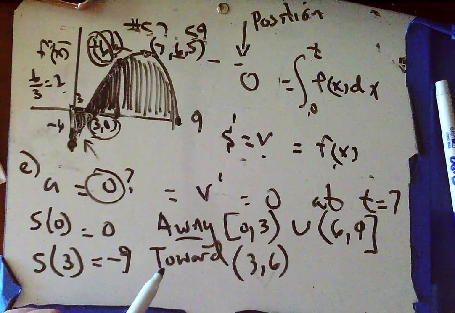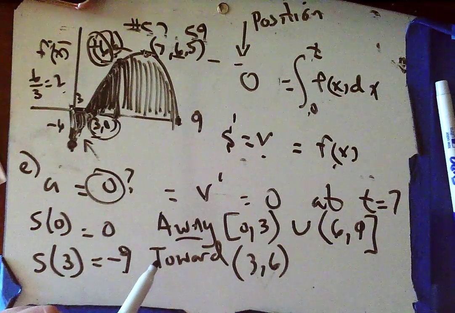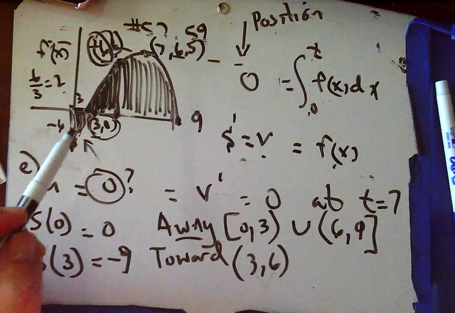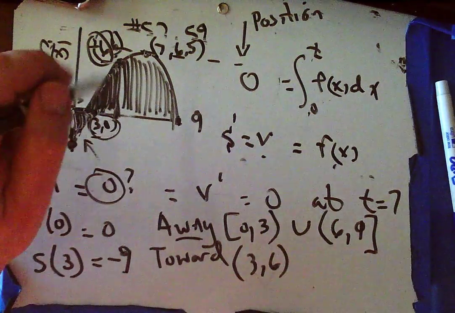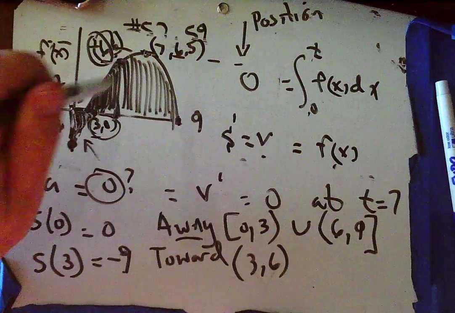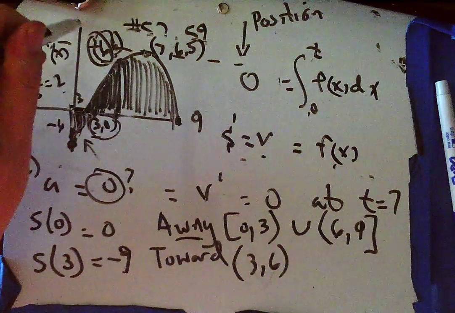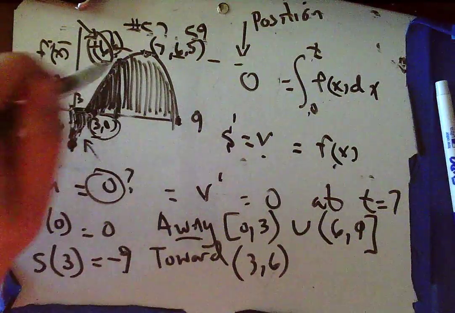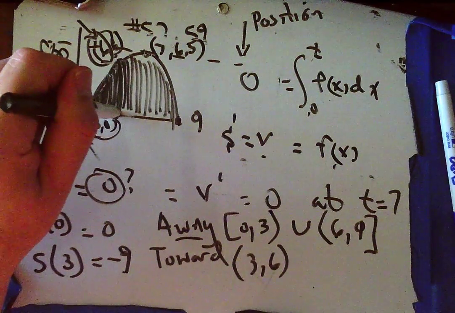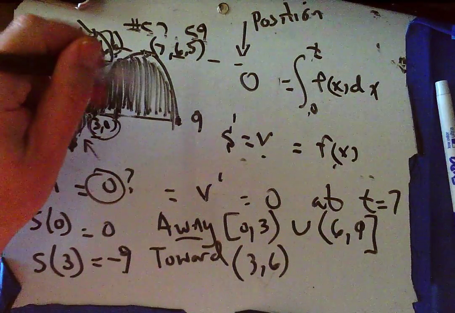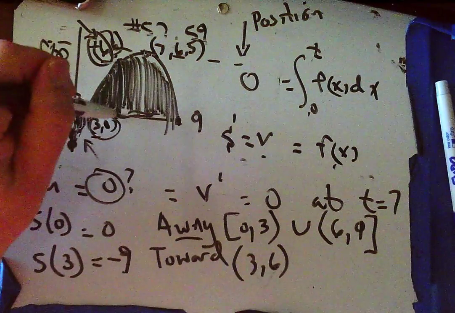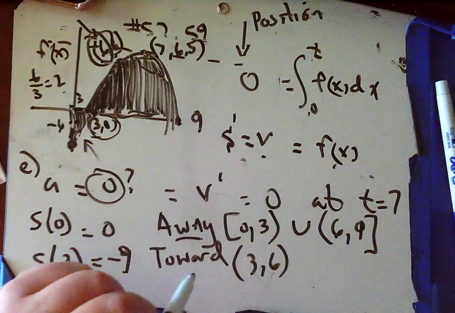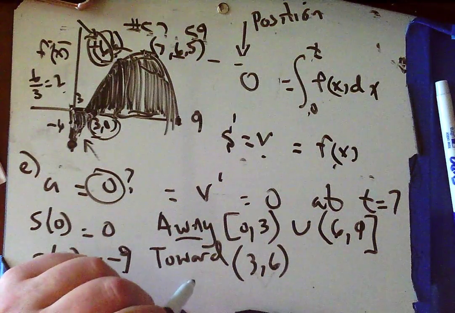And G says, is S of 9 to the left or right of the origin? Well, we just sort of talked about that, didn't we? We said that at this moment in time, at 6, this area and this area had canceled out. So we were at the origin, and we moved to the right, and sadly, moving to the right is defined as positive.